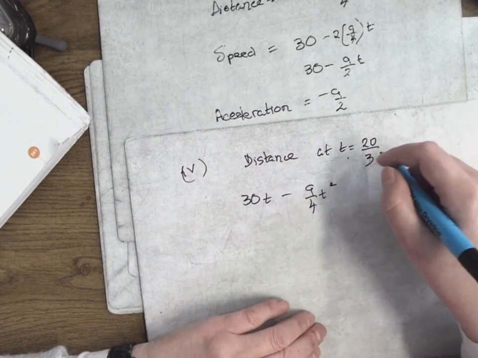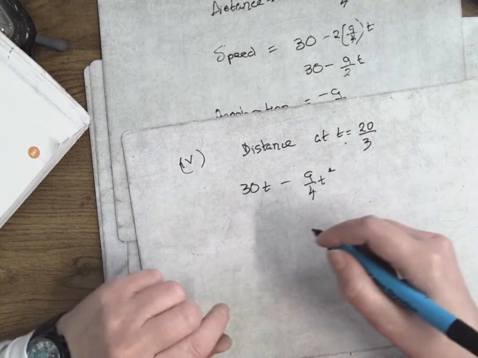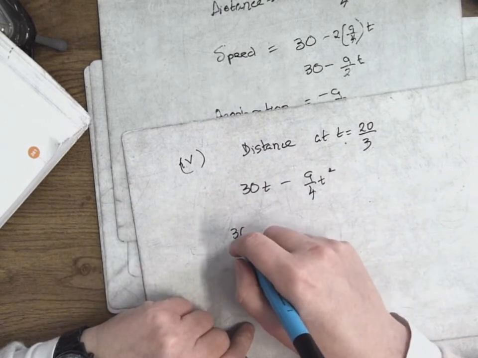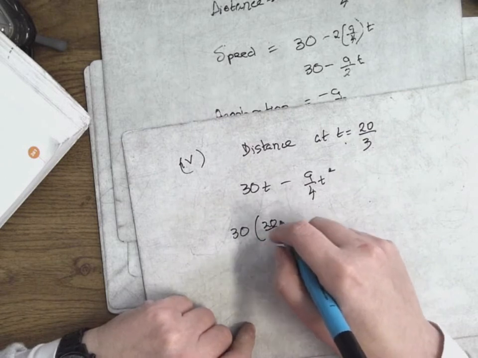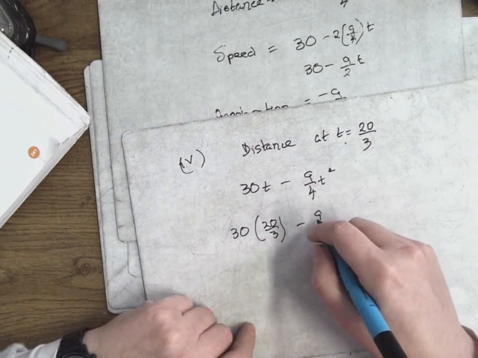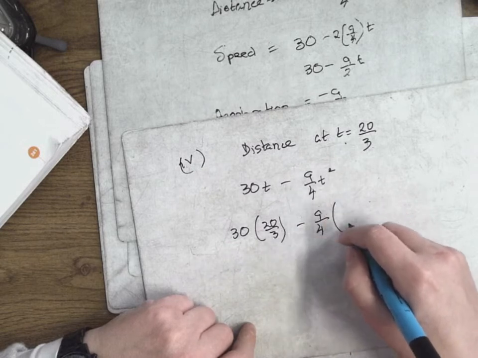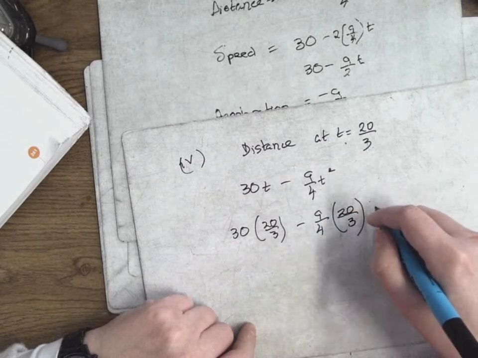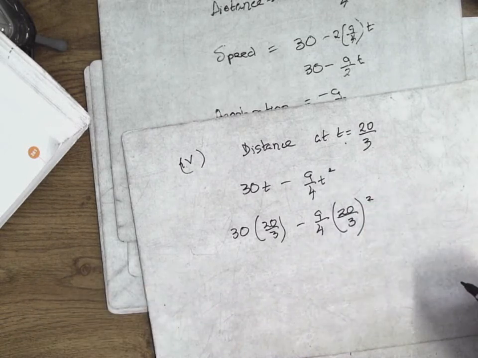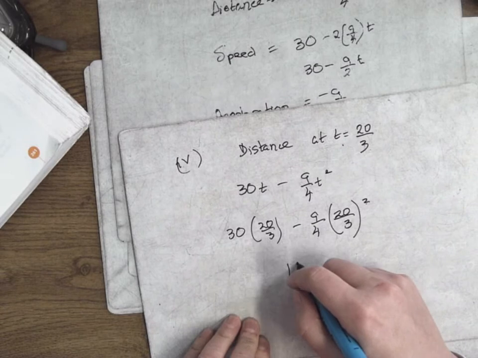Okay, this time t is equal to 20 over 3, so that's 30 times 20 over 3 minus 9 over 4, 20 over 3 squared. So that would be 200, take away 100 is 100.